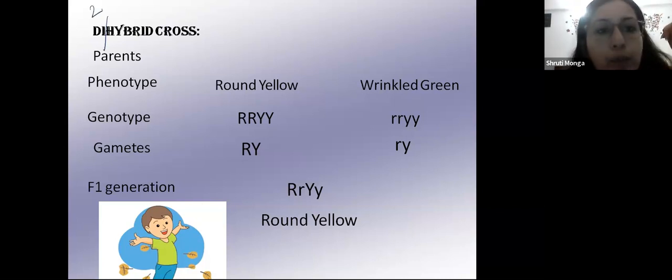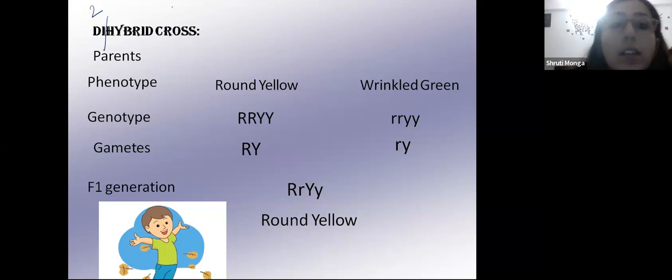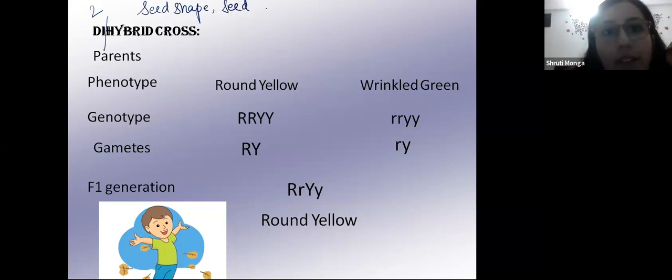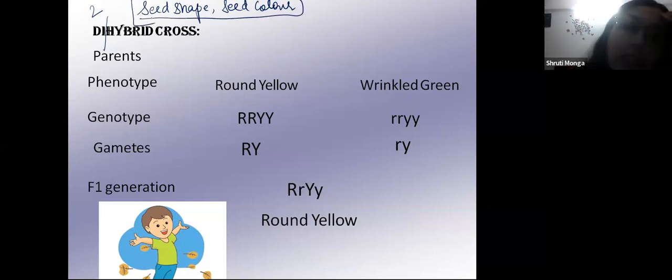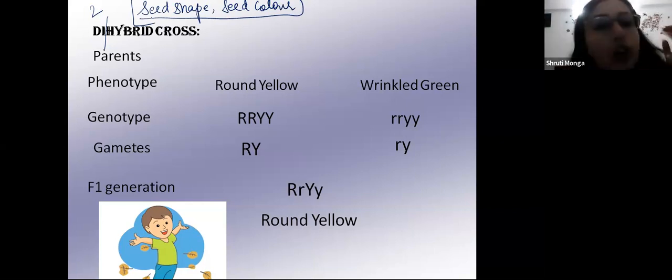That is why he took two characters of the pea plant to study. What were those two characters? That was the seed shape and seed color. These two traits he used to study the inheritance pattern through a dihybrid cross.